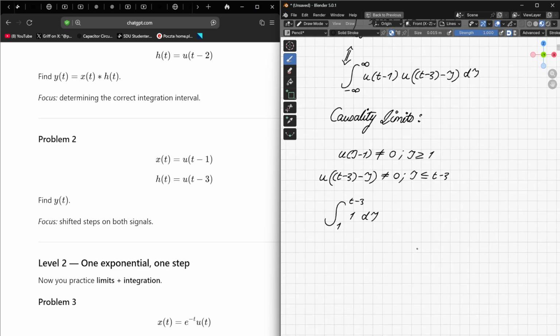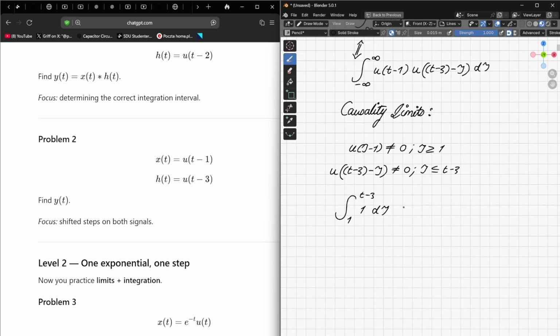And then this would be t minus 3, I believe. And then it'll be y(t) equals t minus 3 times u(t minus 3). I think that is correct.